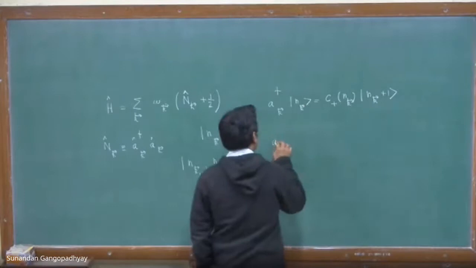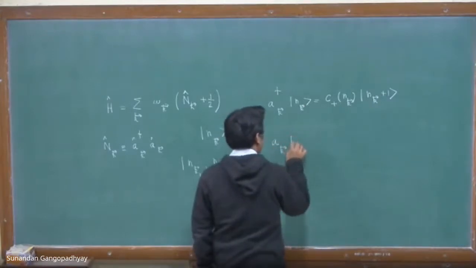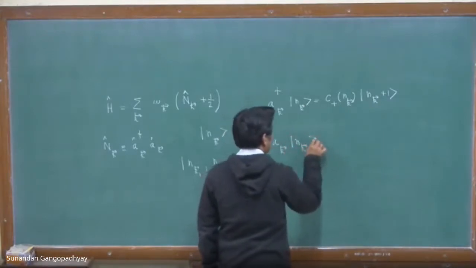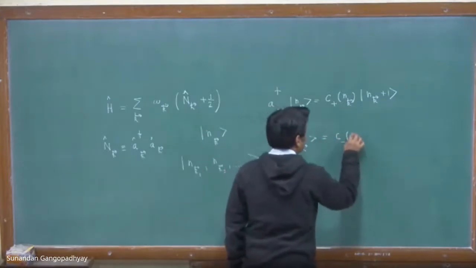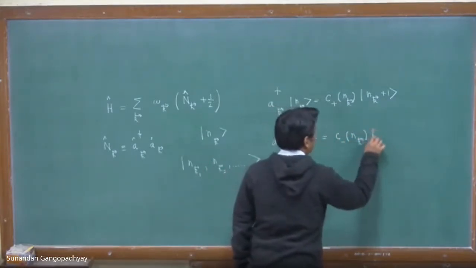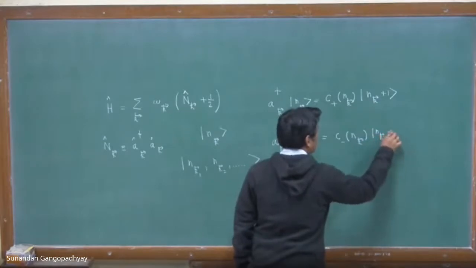And similarly, we have also seen that a_k acting on n_k is equal to some number times n_k minus 1.